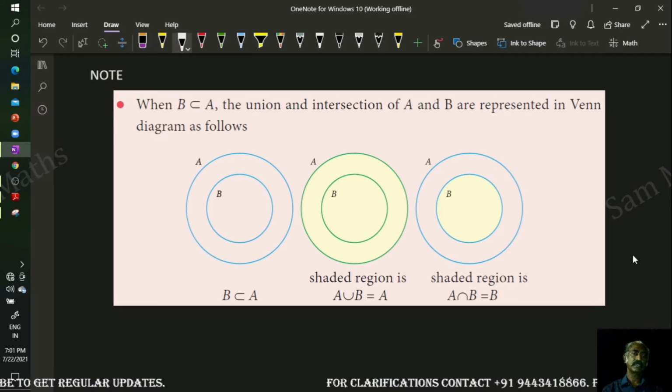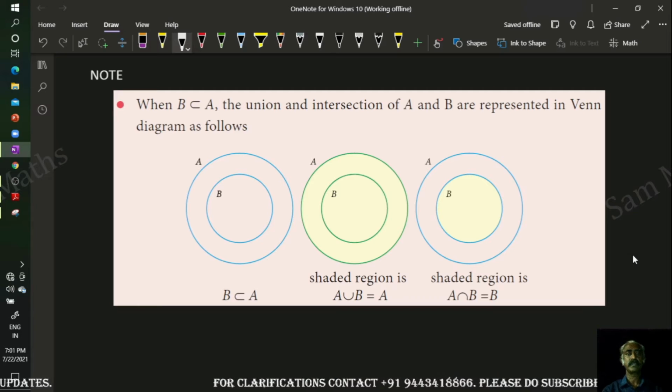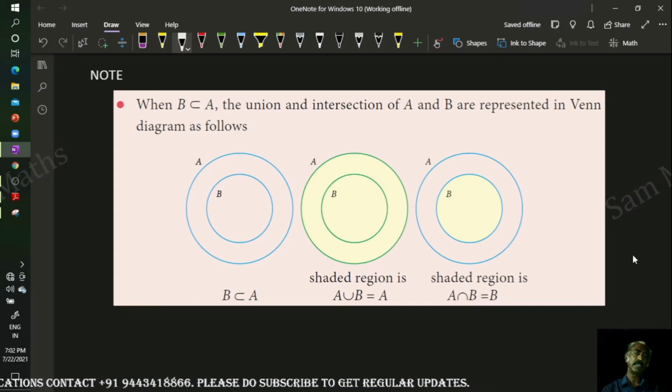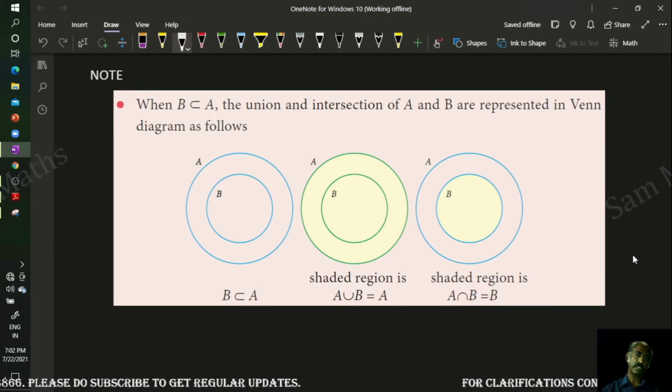When B is a proper subset of A, the union and intersection of A and B are represented in the Venn diagram. If it is a proper subset, you have to draw the diagram within the A circle. Okay, children? So the B set will be within the A set. Very clear.